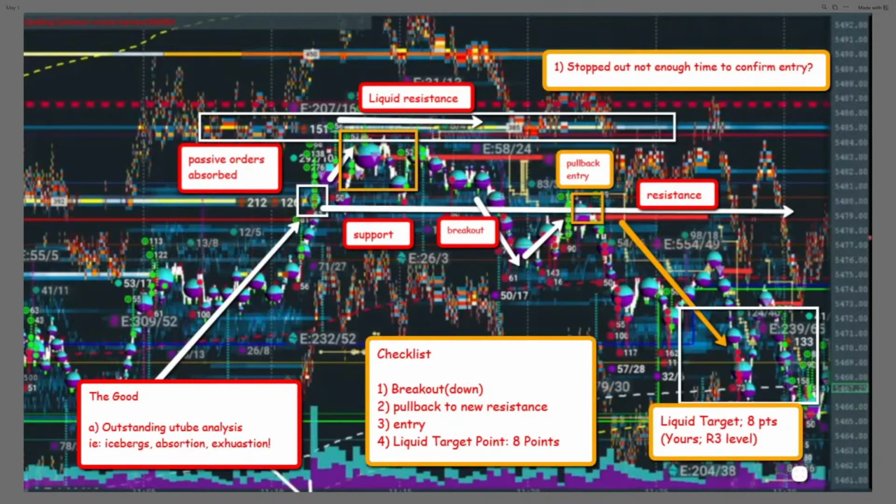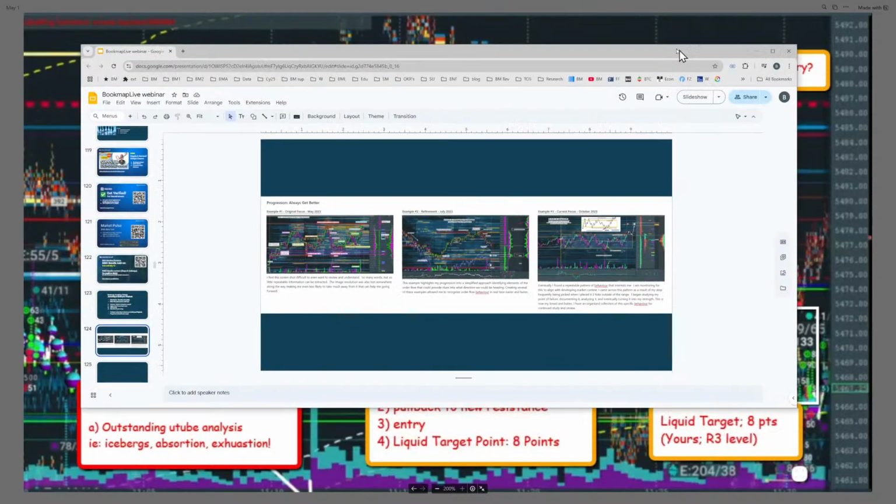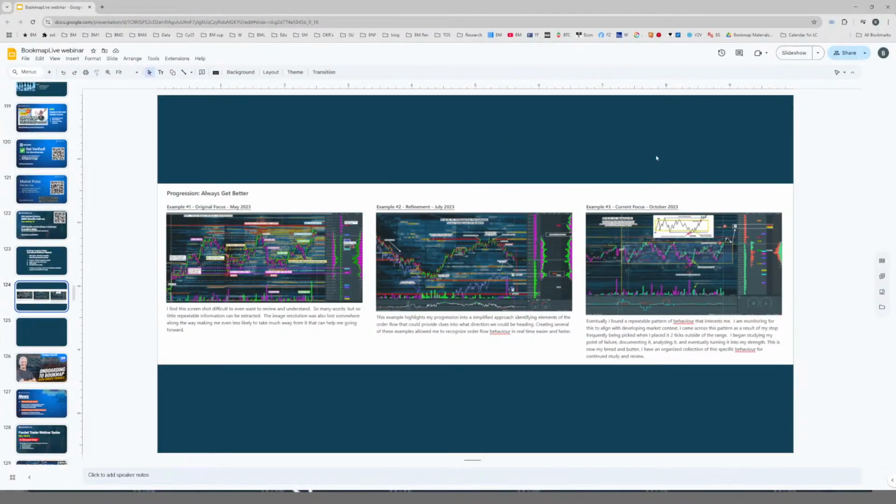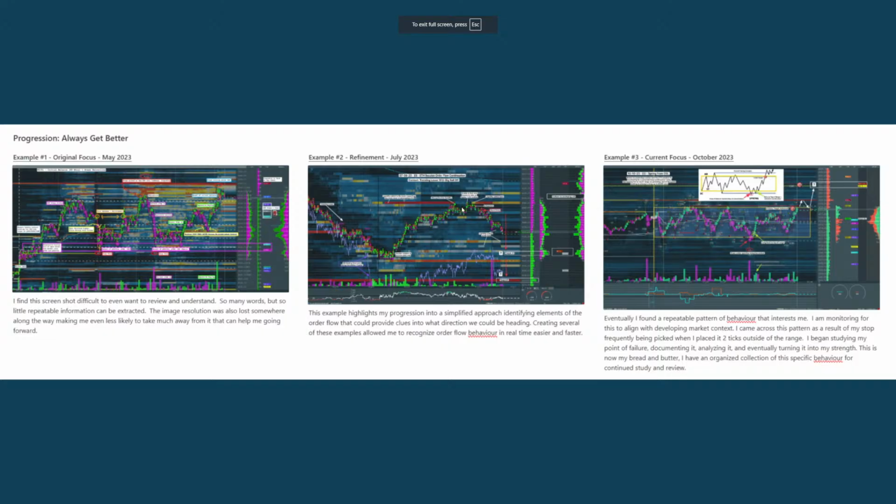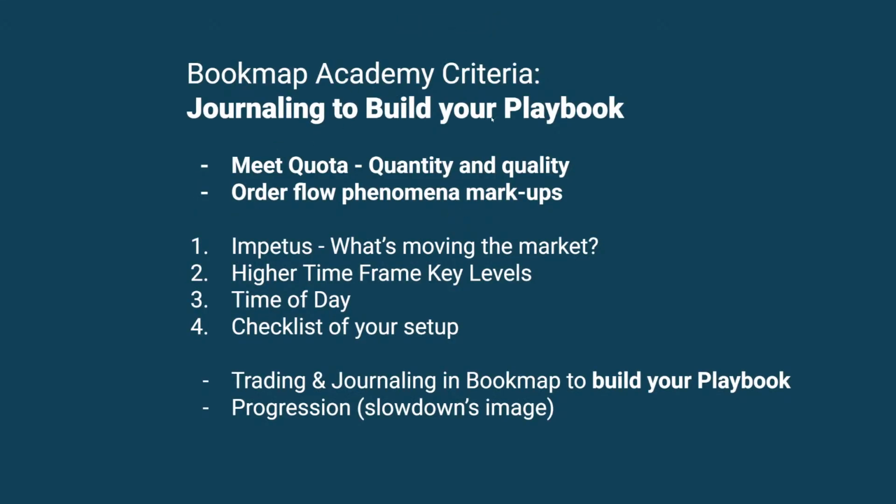Oh, regarding your comment, John. Guys, I think we're kind of developing this way, from this chart over here, and from the slowdown that he did, and this kind of journaling here with this list.